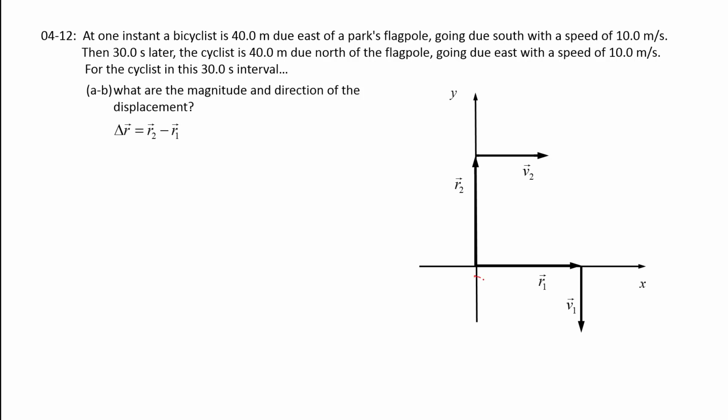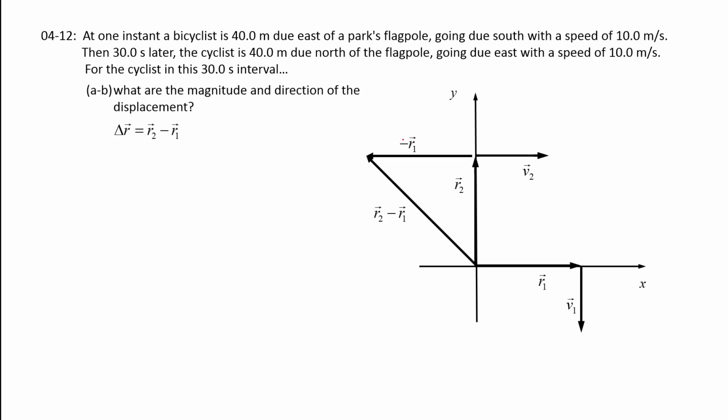The easiest way to do that is to start with the R1 vector and turn it into its negative, which means have it go the other way, and then tack it on top of R2. So now we've got R2, and we're adding negative R1 to it, and that's what we're calling delta R. There it is, that vector displacement heading in that direction.